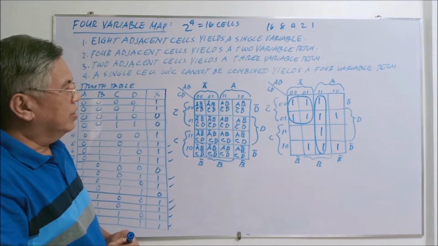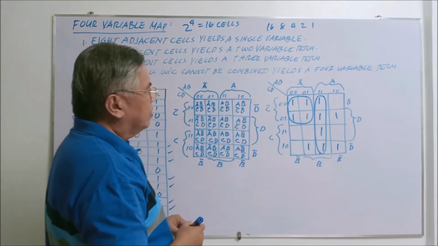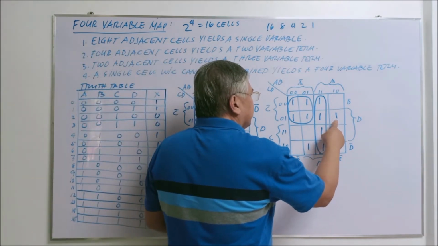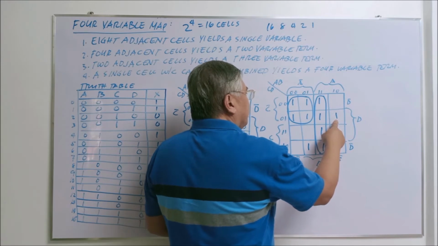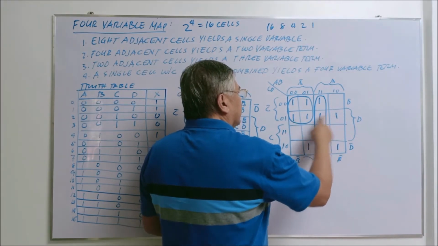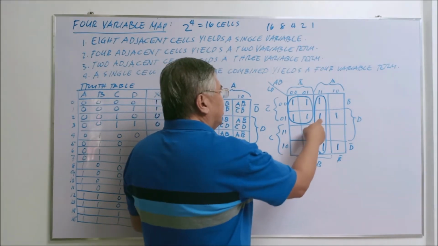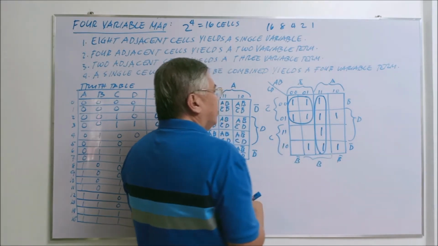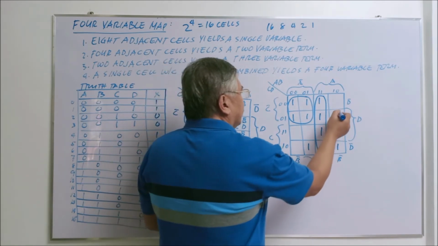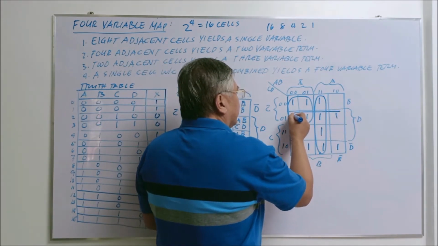Okay? And then, this one here, if you notice, is not yet grouped. And this cell here is adjacent to these cells. So we make use of these cells here for the grouping of this particular cell. So that will be our grouping.